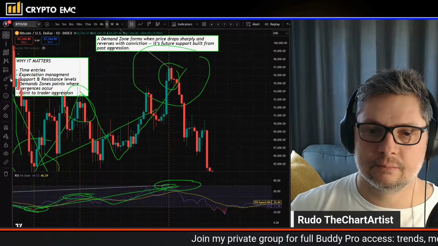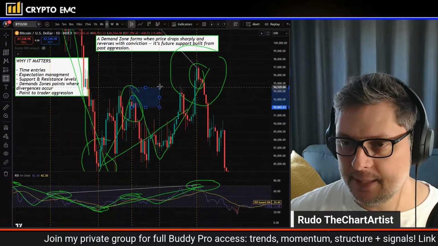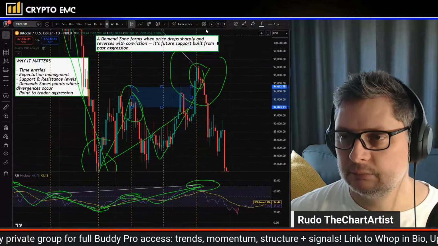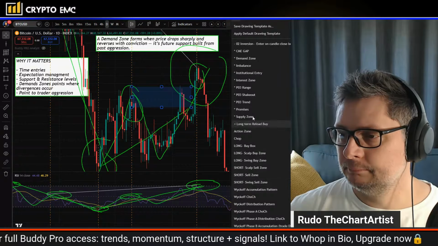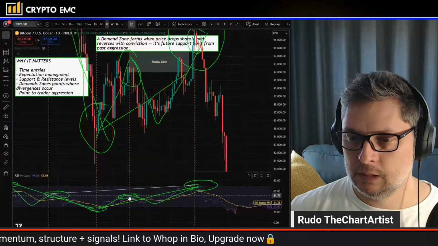This means that was a supply zone. It was at the high.